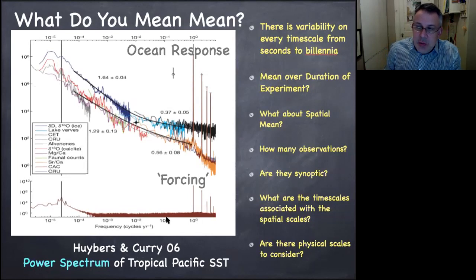Here's 1 cycle per 10 years, 1 cycle per 100, per 1,000, per 10,000, per 100,000. And you can see this slope, not only does it have big spikes like at the annual cycle and here at the tides, but it also has more stuff up here at these very long time scales.